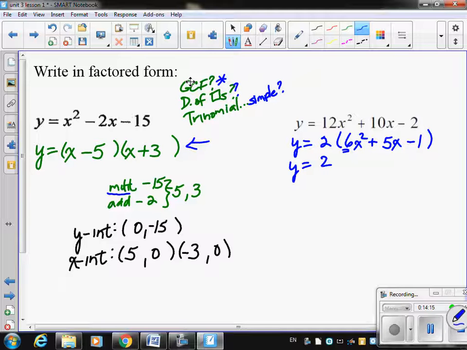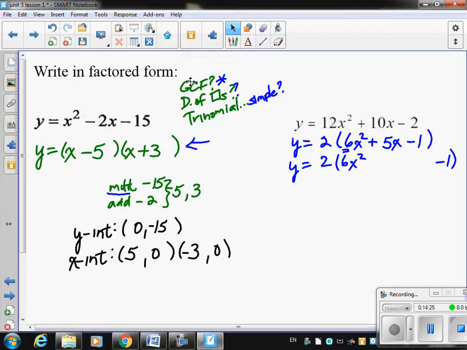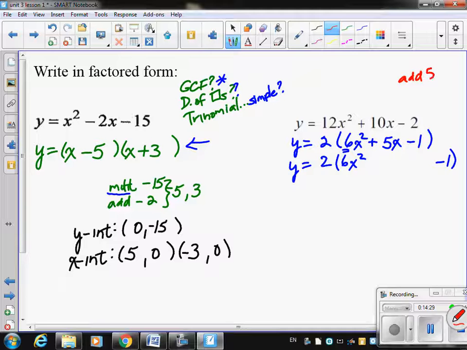We can do this. We are going to decompose this thing such that I write my 5x in 2 parts. The 2 parts are going to add to 5, because I can't change the question, but also multiply to negative 6.